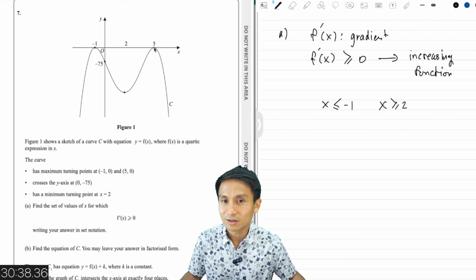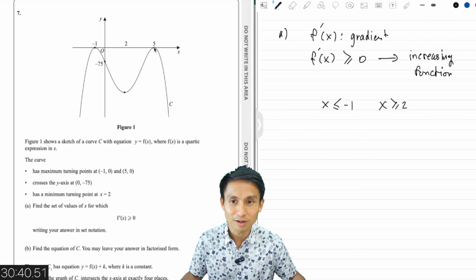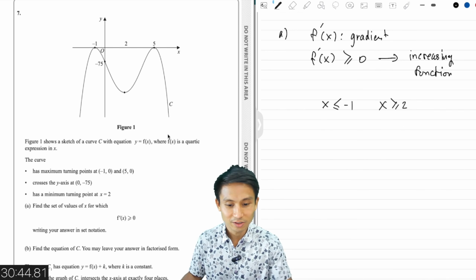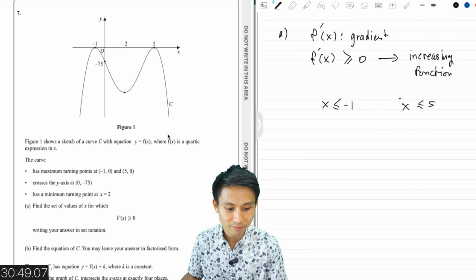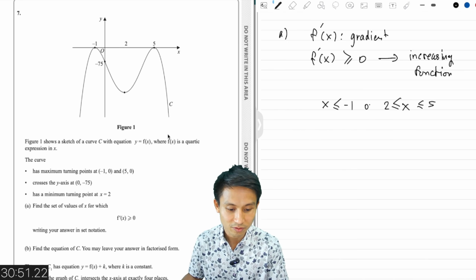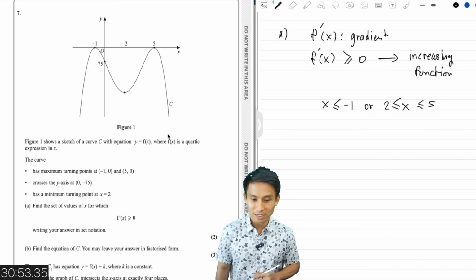And does it go forever above 2? Well, after 5, it's going to decrease again. So we're going to cap that to just x less than or equal to 5 and greater than or equal to 2. Do we have to do set notation? Yes, we do.